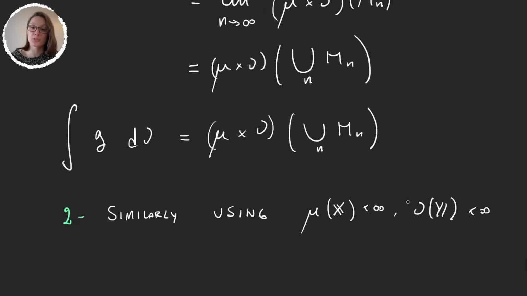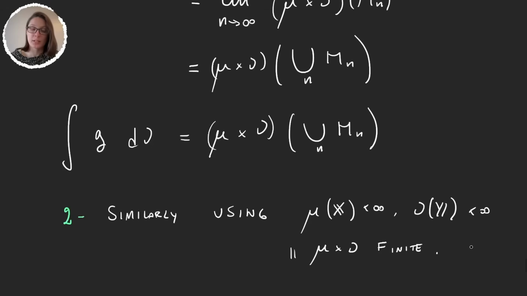Because now these two measures being finite implies that the measure of the product is also finite. So I will leave this proof to you. It should follow very similarly to what we did for the union, but at some point in the end, when we take this limit to be an intersection, we are going to need the finiteness of the measure.